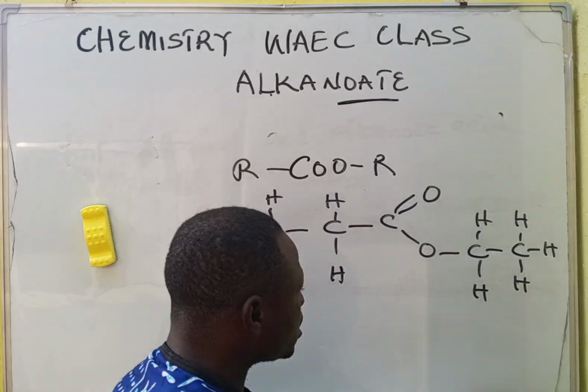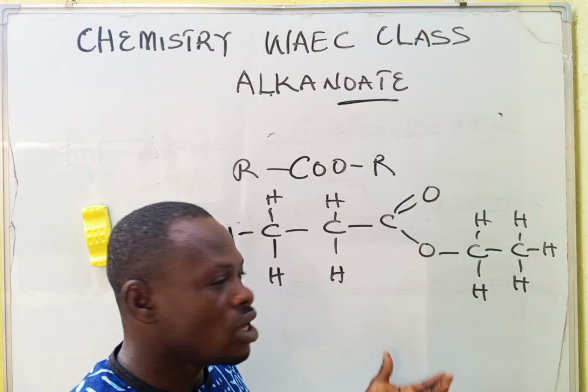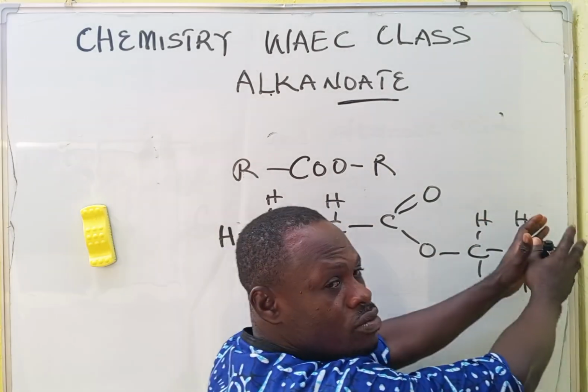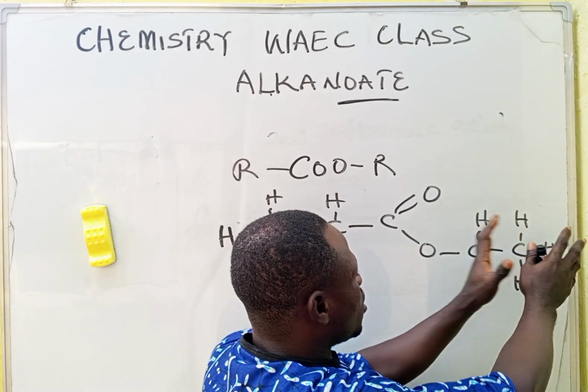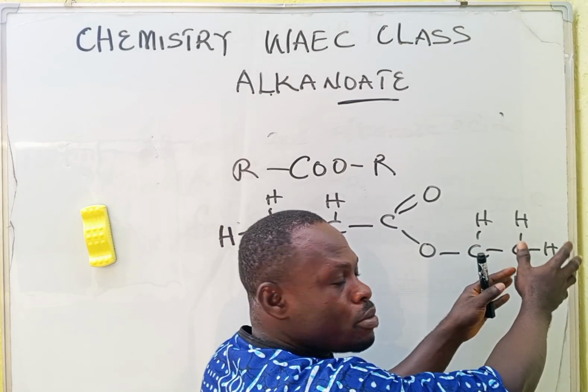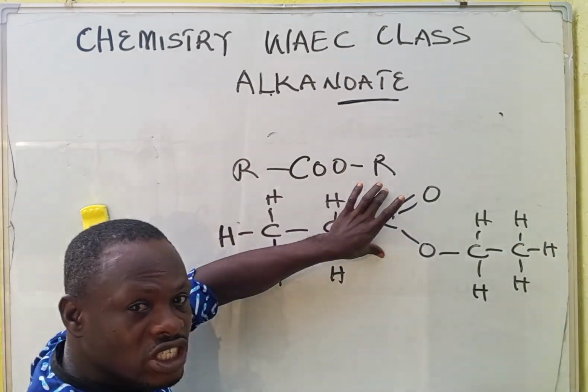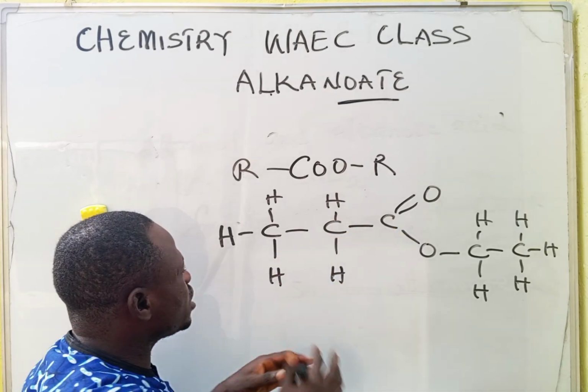If you have a compound like this, what is the name of this compound? I told you that you always start with whatever is attached here, name it first before you come to this side. Now coming to this side, this is the parent chain. How many carbons are in the parent chain?